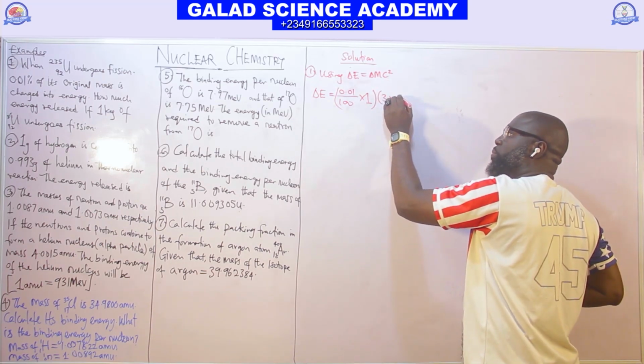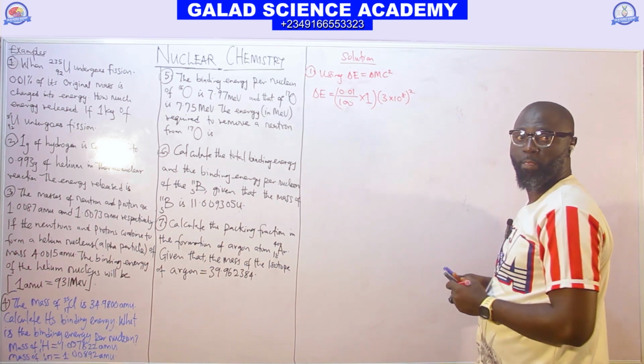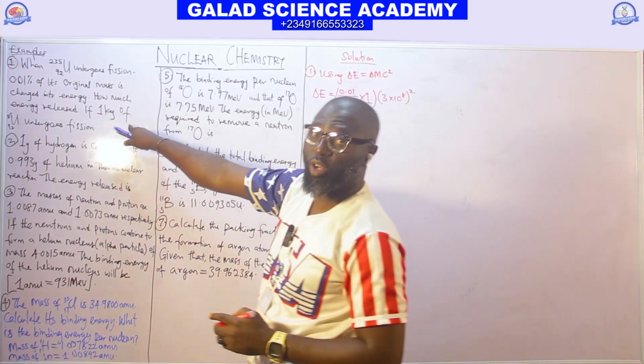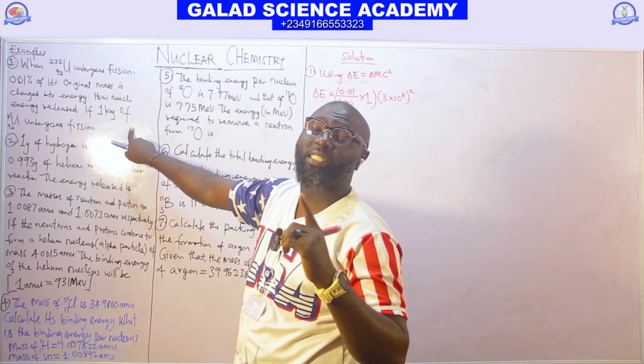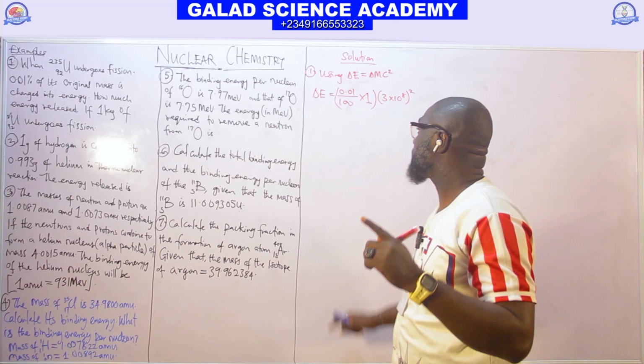Our c here is a constant, 3 times 10 raised to the power 8, squared. They will not give you the value for c, because it is a constant. You know that the speed of light is 3 times 10 raised to the power 8 meters per second.